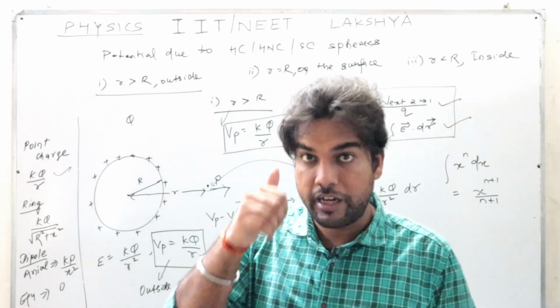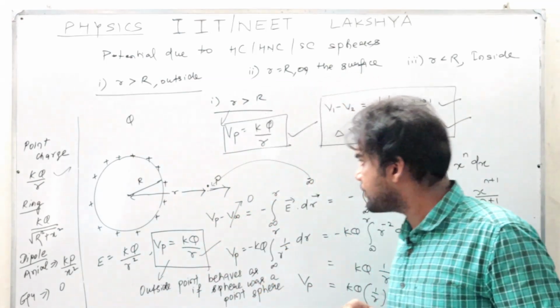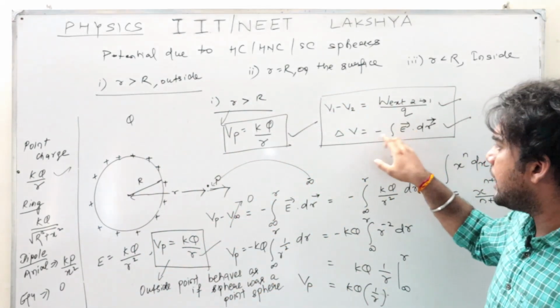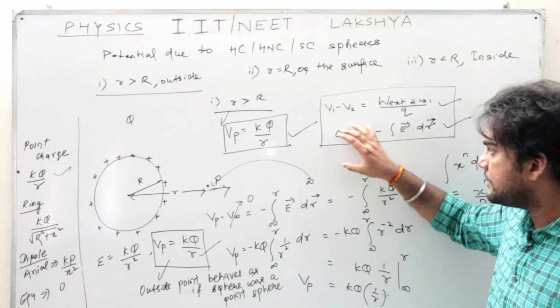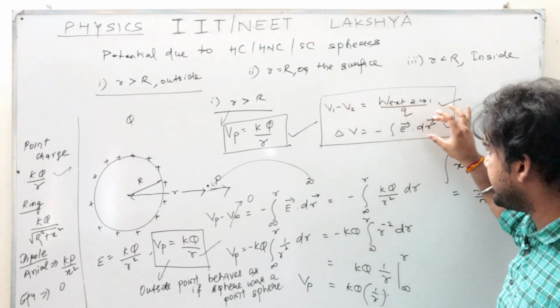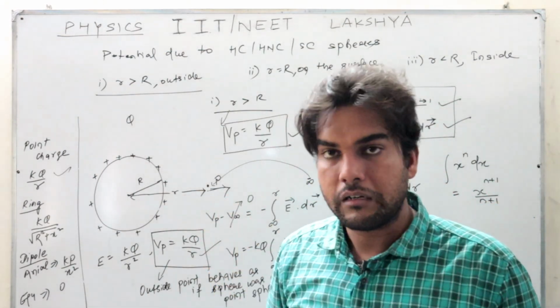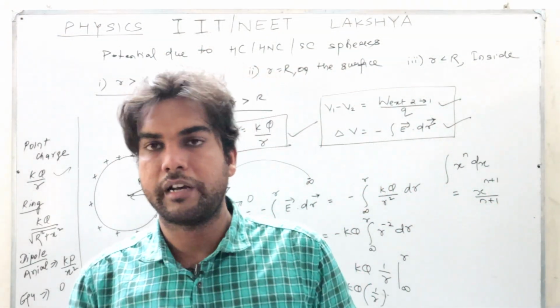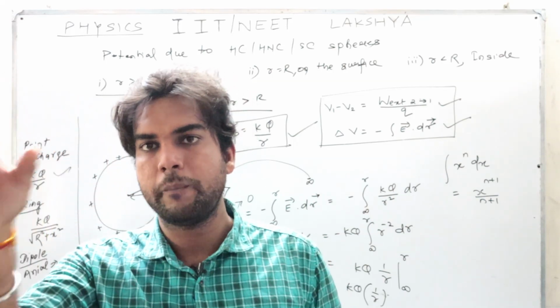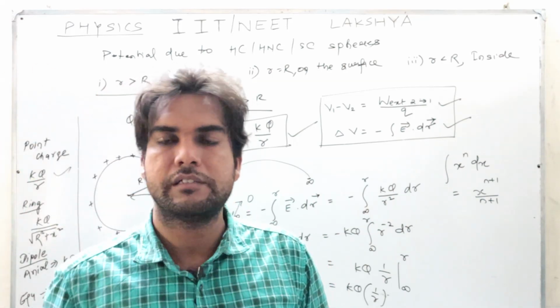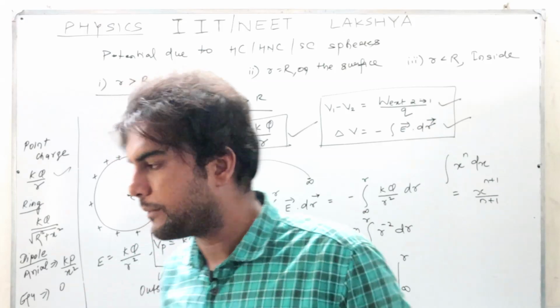That relationship I already knew. Using that relationship I have found the potential difference, and this is the relationship between potential difference and electric field. This also I have derived in the session named relation between electric field and potential. Those who do not know this relationship can watch my video on that.